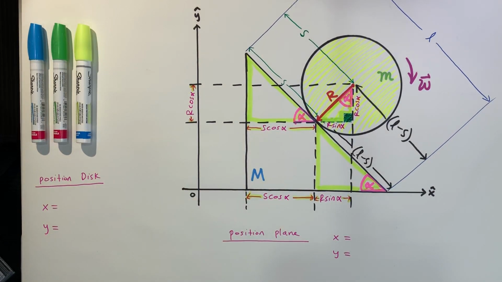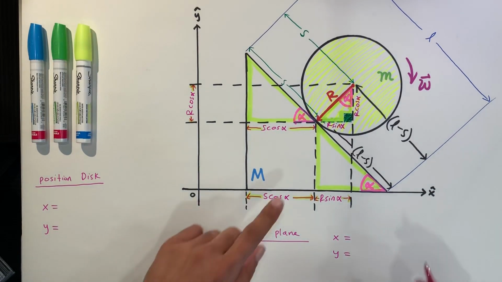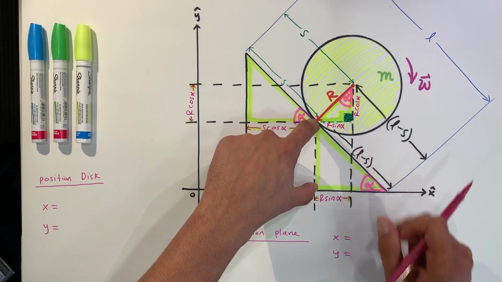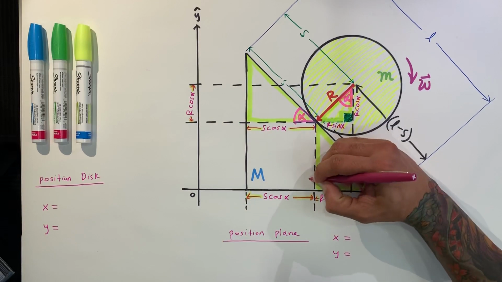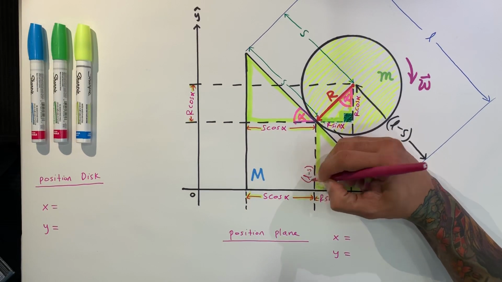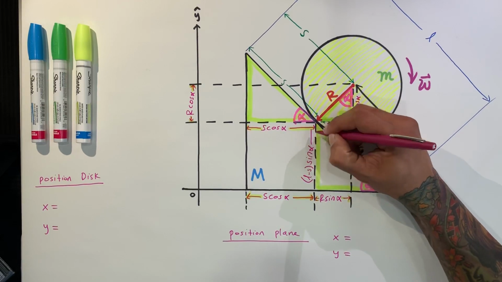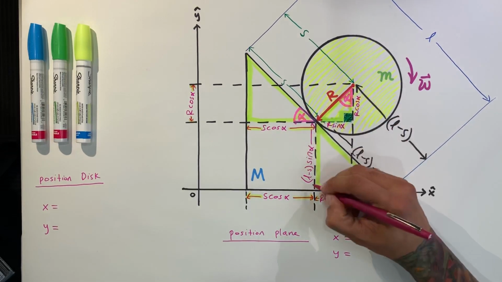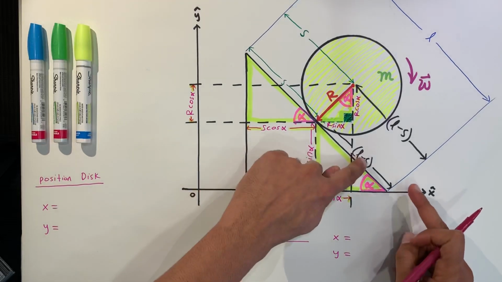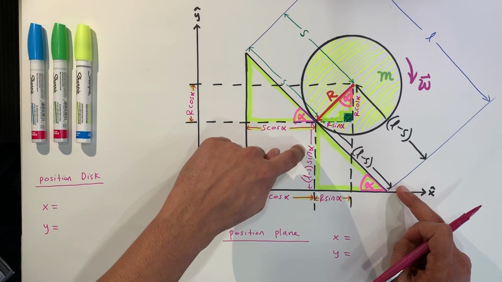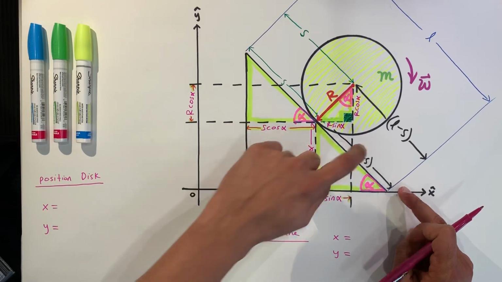All right, so now let's see what we got. We got opposite over hypotenuse. And so we're gonna get L minus S sine alpha. And that's this entire side here, right? Because L minus S is our radius or our hypotenuse here. So opposite over hypotenuse.